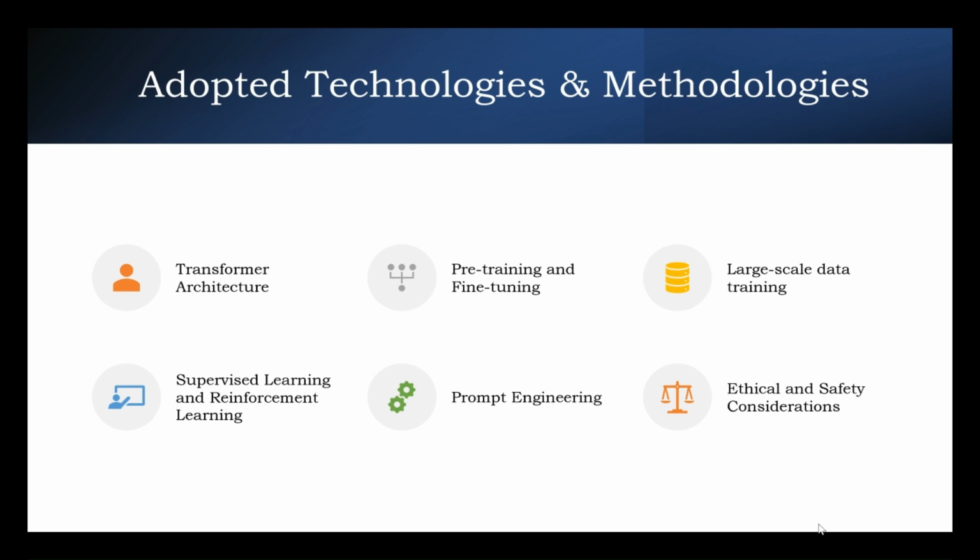Now, ethical and safety considerations. OpenAI places importance on addressing ethical concerns and ensuring safety in the design of ChatGPT.